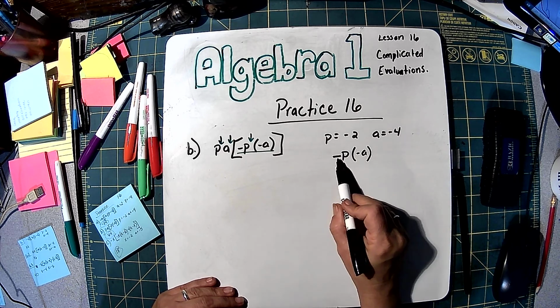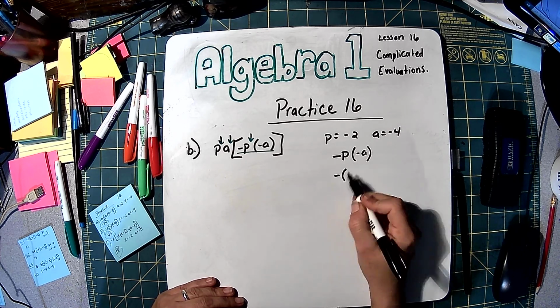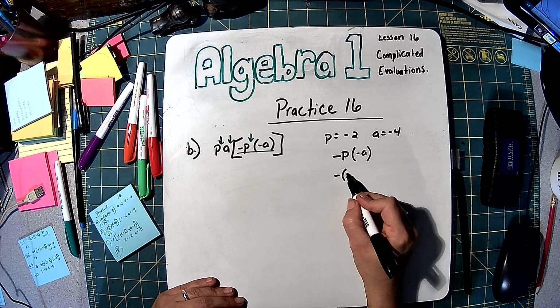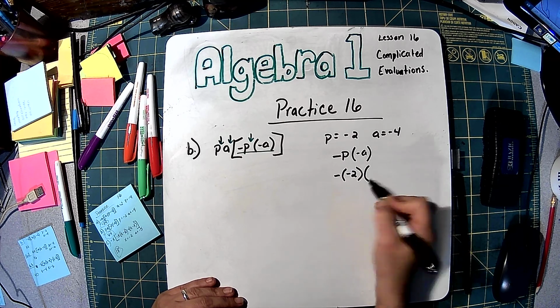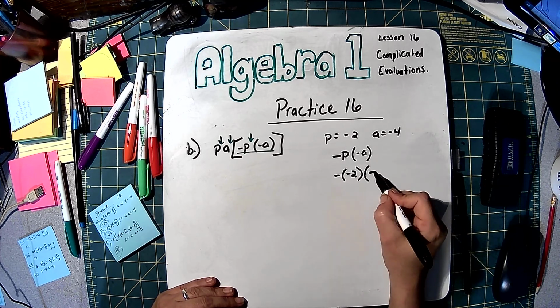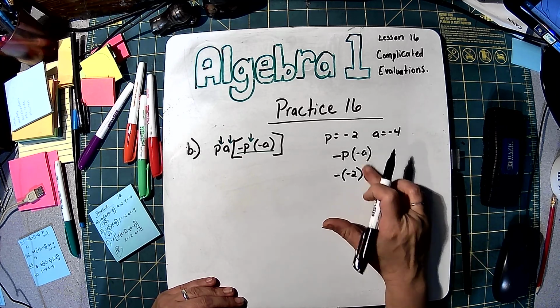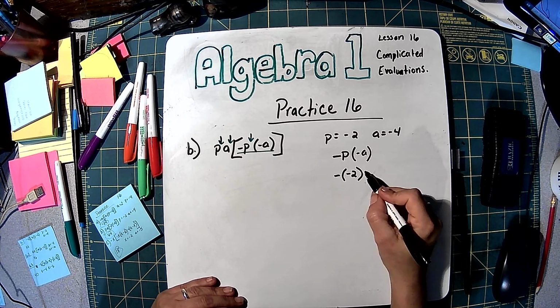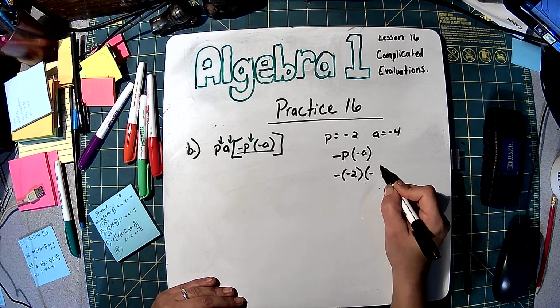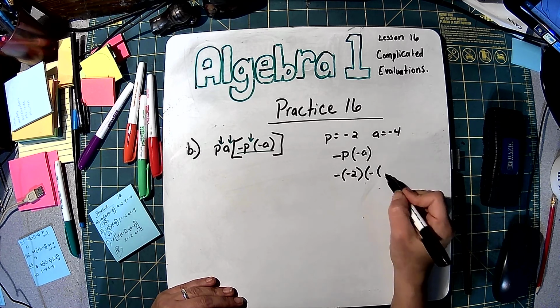Okay, negative P is negative 2, so negative, now P, which is negative 2, times negative A, which is negative 4.